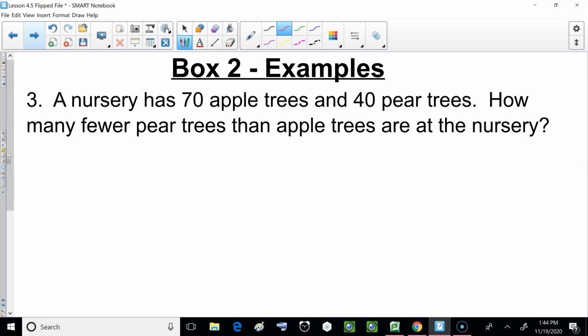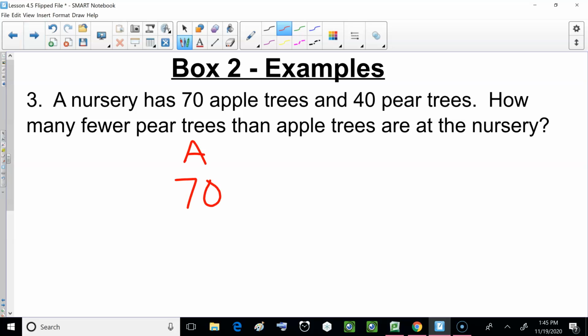Here's a word problem for us. A nursery has 70 apple trees and 40 pear trees. How many fewer pear trees than apple trees are at the nursery? So I'll read this again. We're picturing as we're reading it, one of our strategies for word problems. A nursery has 70 apple trees and 40 pear trees. How many fewer pear trees than apple trees are at the nursery? Well, if our A stands for apple, there's 70 of those.